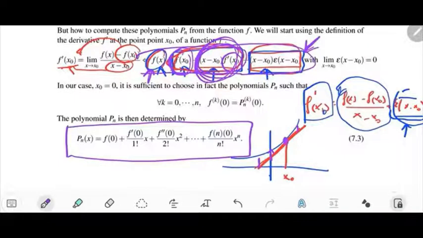So you see, if you take the second derivative of this polynomial, it will be equal to the second derivative of f. Of course, in here I'm taking x0 equal to 0 because this is the case that we will study the most throughout the chapter. So if you take the third derivative of Pn, it will be equal to the third derivative of f at 0.